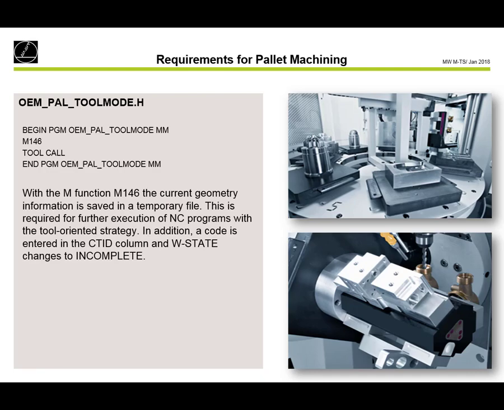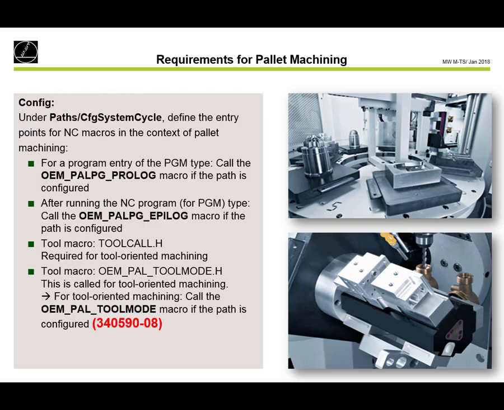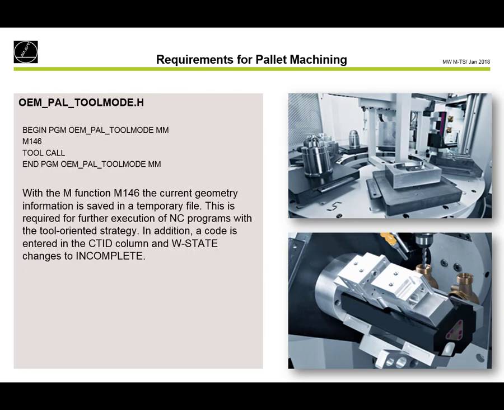M146 saves the current geometry information in a temporary file, and we get a special entry in the pallet table. And this is necessary for tool-oriented machining. So if you want to do tool-oriented machining, which is available since software 8 of the TNC 640, then you need this tool mode macro.